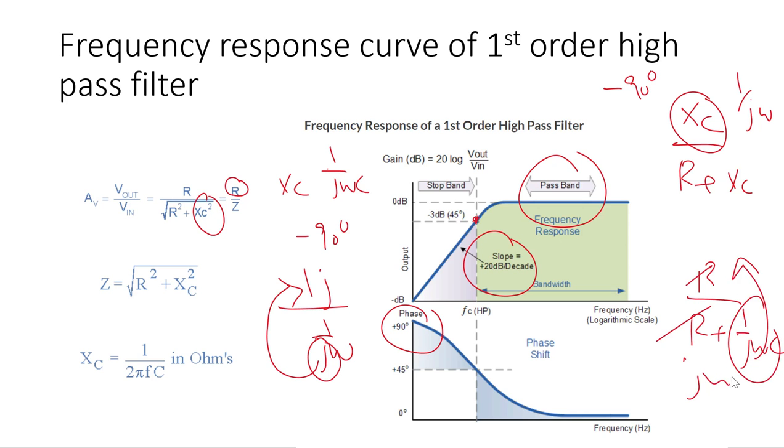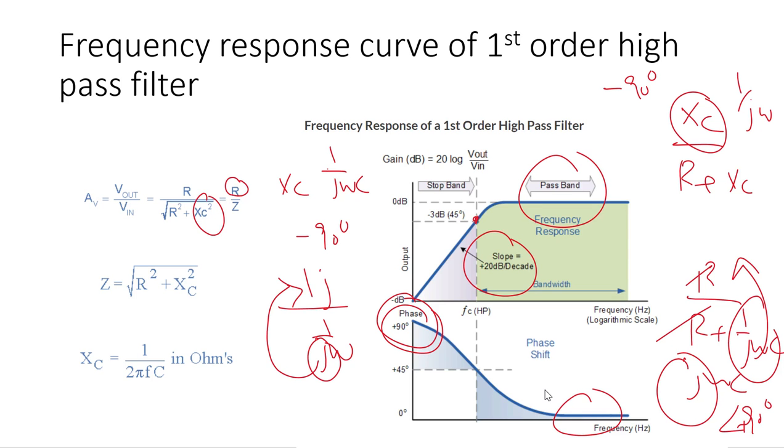This will be j omega c. So j is plus 90 degrees. So this will start from 90 degrees, and at higher frequency this will become 0. So this is the only difference: we had the phase of 0 to minus 90 in the previous, and plus 90 to 0 in this one.